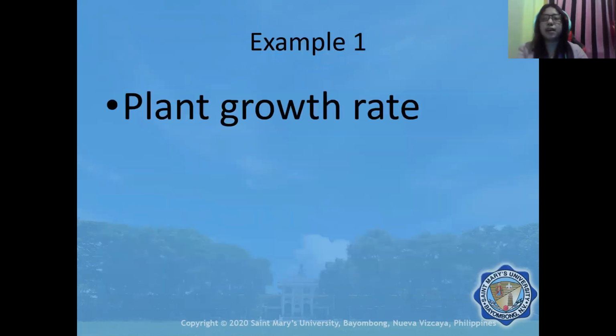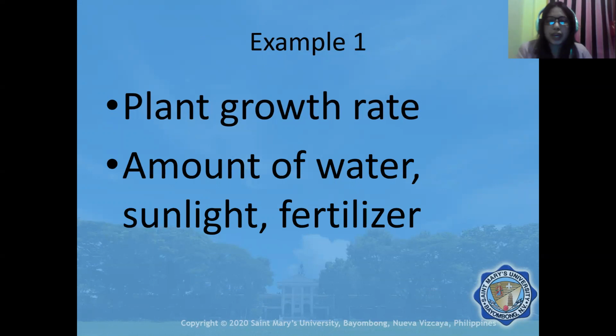So let's have an example, like the one that we discussed in the independent and dependent variable. For instance, the plant growth. In example one, we want to know the type of fertilizers and the plant growth rate.